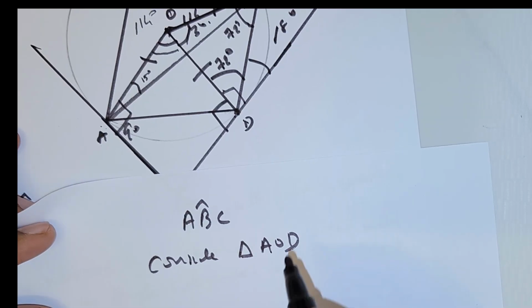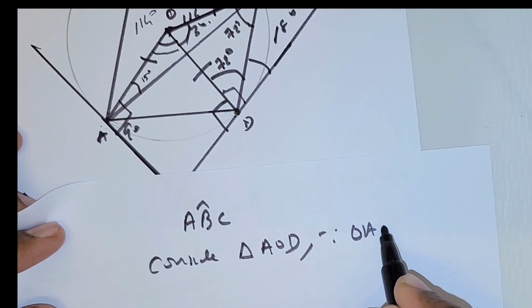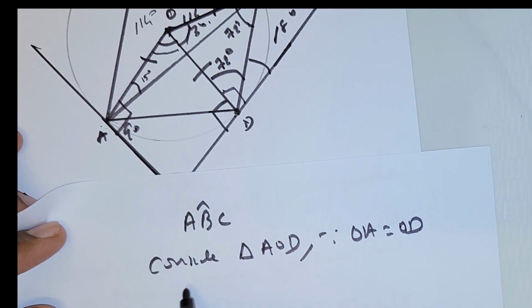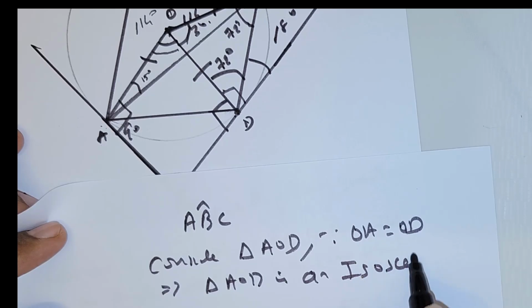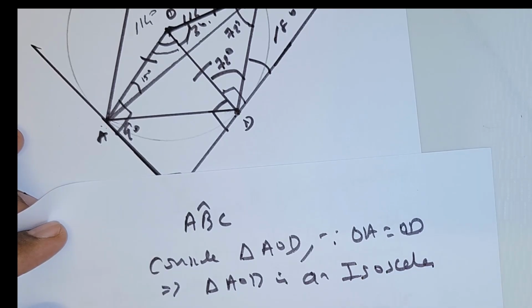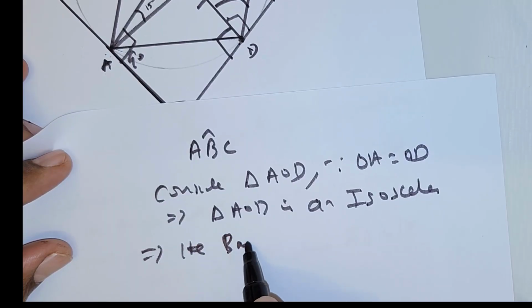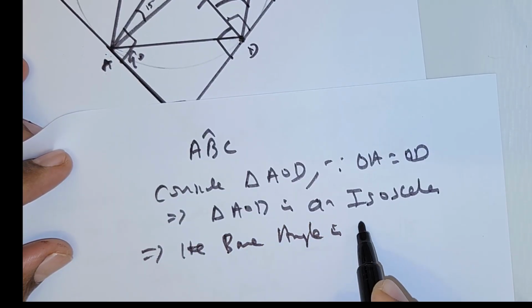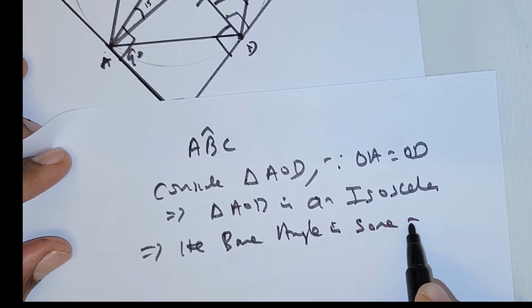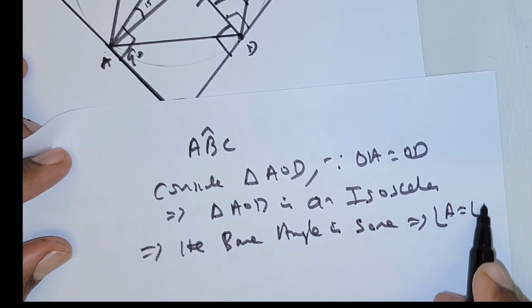Now since OA is equal to OD, this means triangle AOD is isosceles. So the base angles are the same. So angle at A is equal to angle at D.